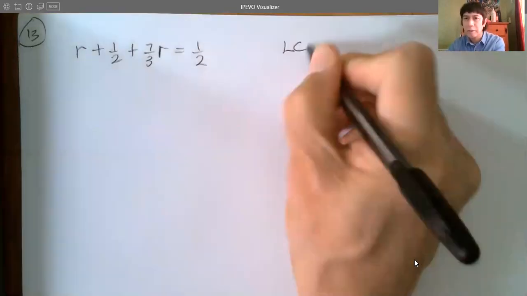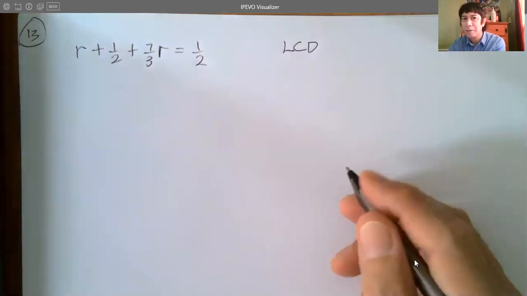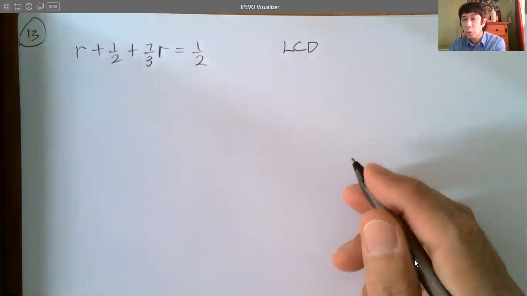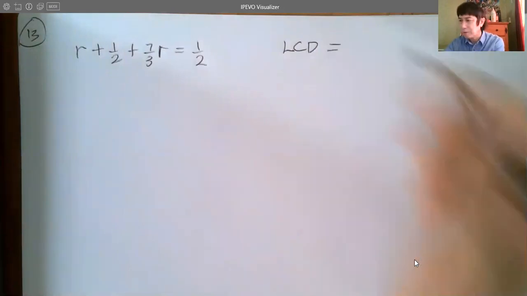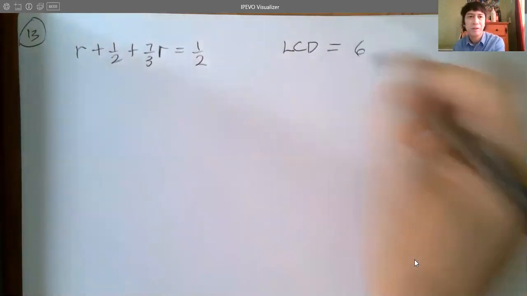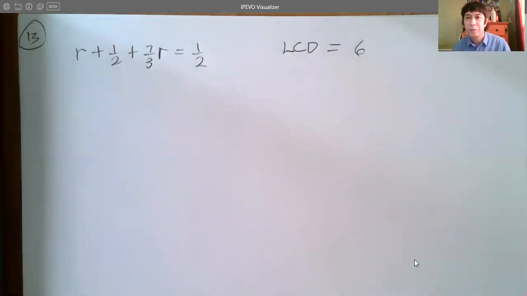This is the least common denominator, and our denominators in our fractions are only 2 and 3, and these are both prime numbers, and the LCD for this is, of course, 6. And how did we get 6? It's just the product of 2 and 3, because these two numbers are prime numbers. Now, to solve this, we will use the 6 as a multiplier.